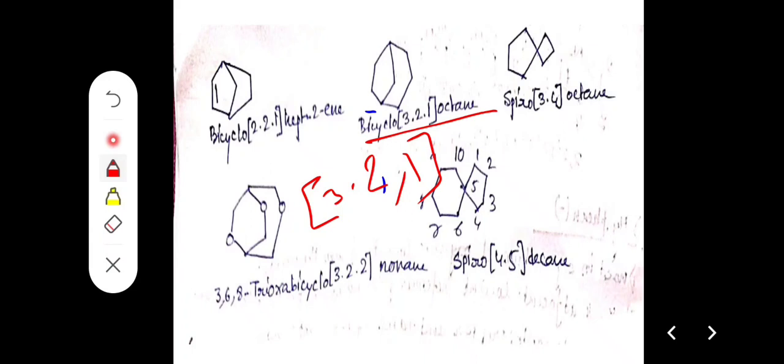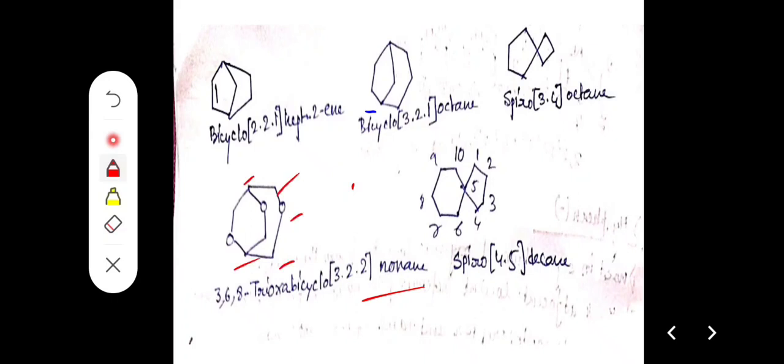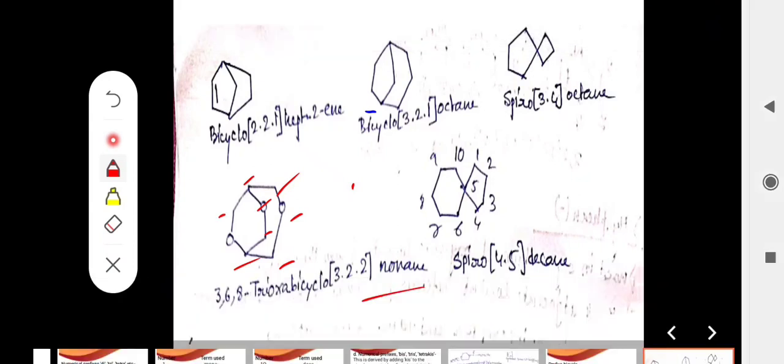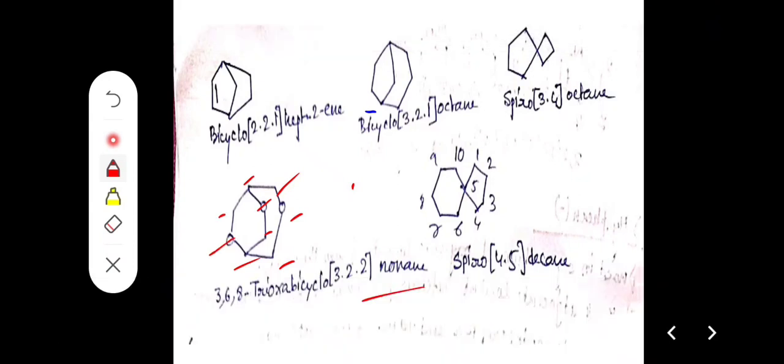Okay. Now we consider 3,6,8-trioxabicyclo[3.2.2]nonene. Nonene, why? Because if we count the number 1, 2, 3, 4, 5, 6, 7, 8, 9, overall the sum of carbon and oxygen atoms should be 9. So we get nonene.